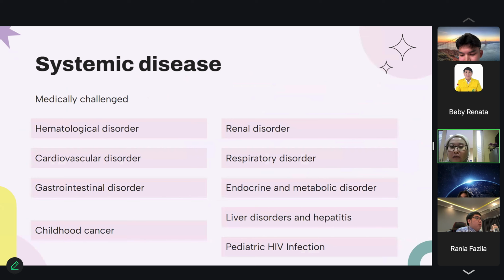Okay, and next, the classification is systemic disease or medical challenge. This includes hematological, meaning blood disorders, cardiovascular disorder, gastrointestinal, cancer, renal disorder, respiratory, endocrine disorder, liver, or even HIV infection.